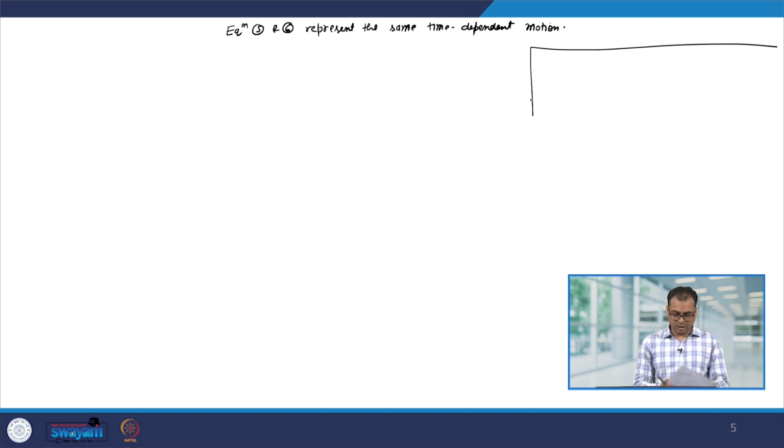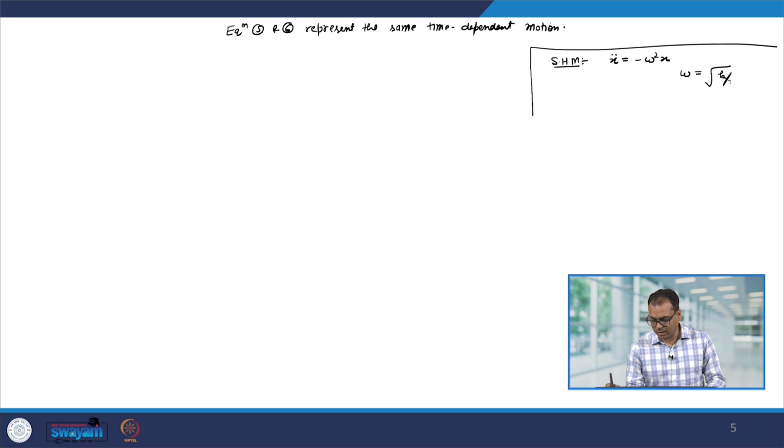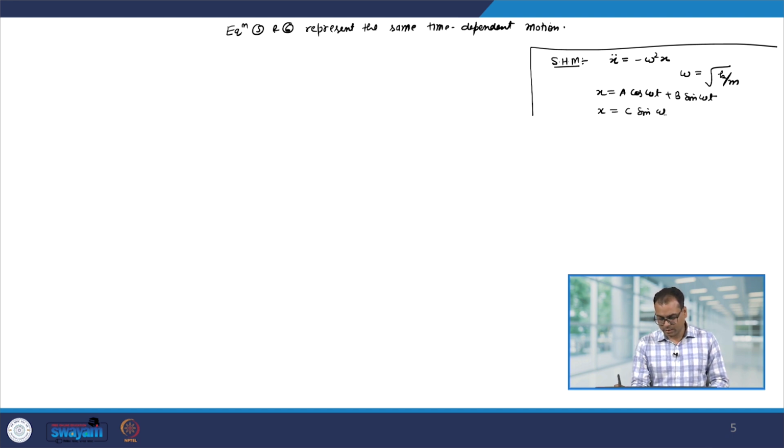We have the equation of motion of simple harmonic motion, which was x double dot equal to minus omega square x, wherein omega was square root of k by m. One of the solutions was x equal to a cos omega t plus b sin omega t, and the other solution we have taken was x equal to c sin of omega t plus phi.